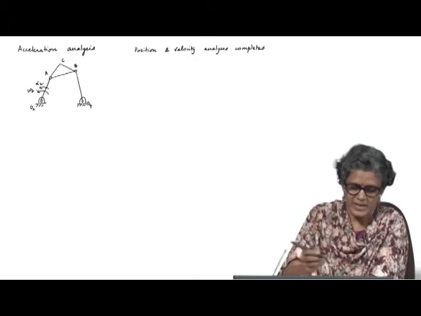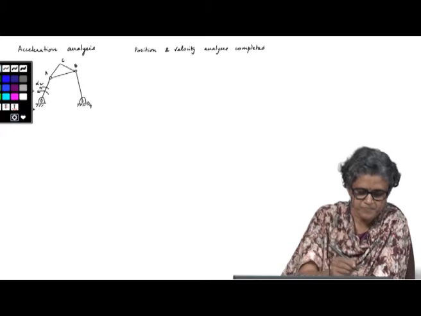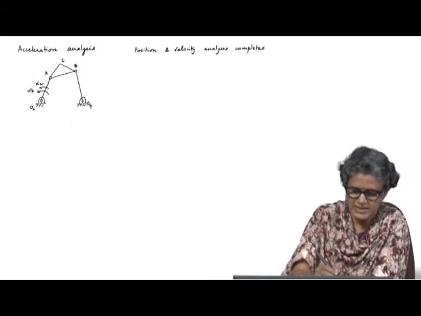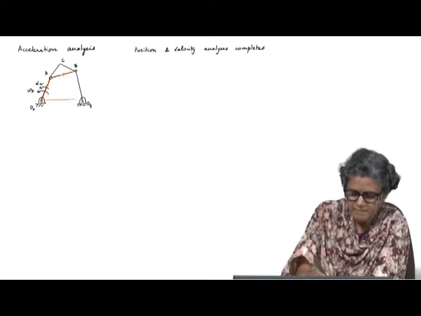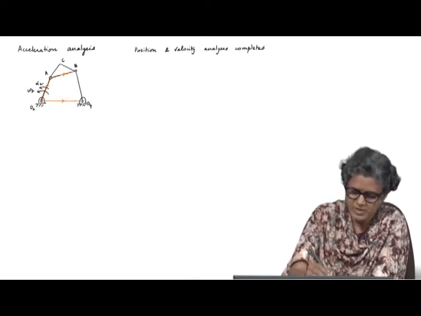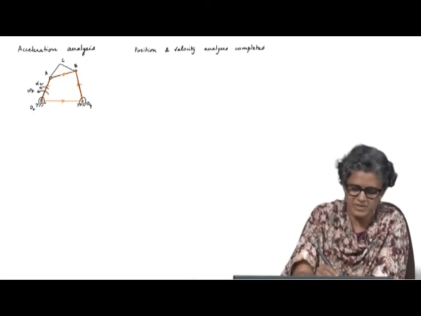So, we can again do our loop closure and the acceleration diagram. But since we have already done this once for the velocity, I do not want to do it one after the other, we will just do it simultaneously.